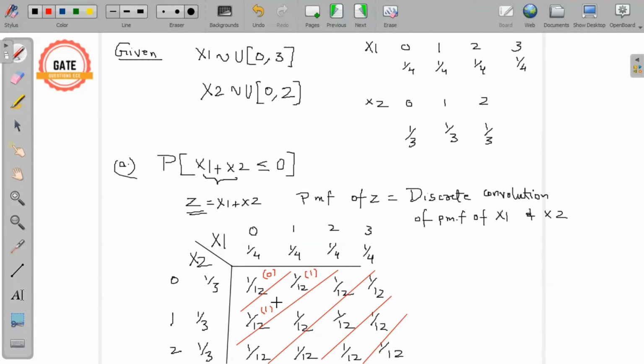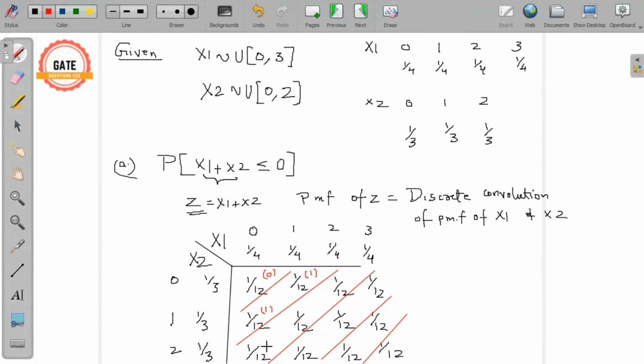So we are keeping those elements for which z is the same in the same diagonal. So this diagonal has all elements for which z is 0. It has only one element. In this diagonal, we have all the elements for which z is 1. So both these elements have z equal to 1.